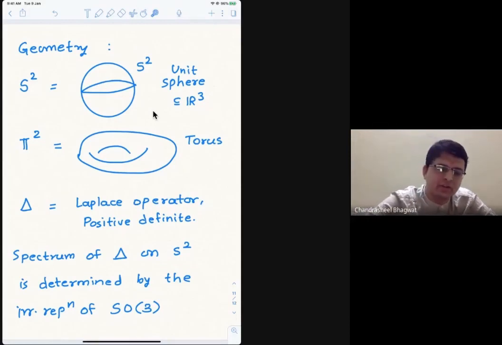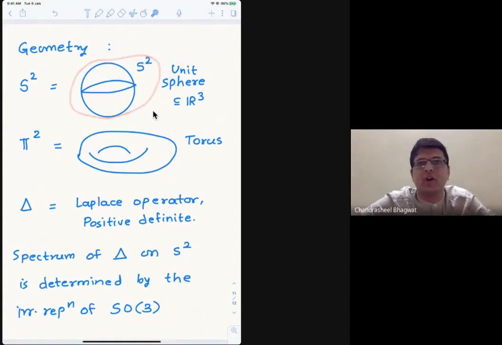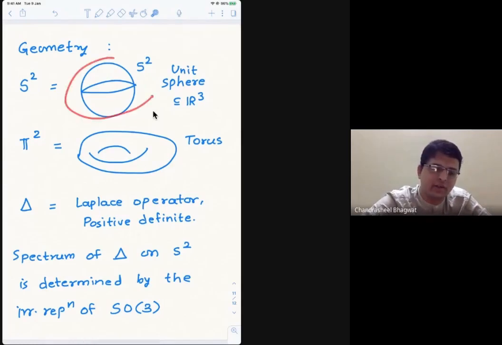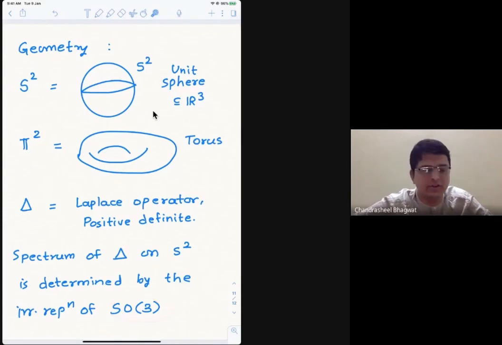Such a rotation is going to give a symmetry of this S2. So however you rotate the sphere around one particular axis, the points on the sphere are going to stay on the sphere. They're not going to go anywhere else. They will move with respect to each other, but they'll still stay on the sphere.